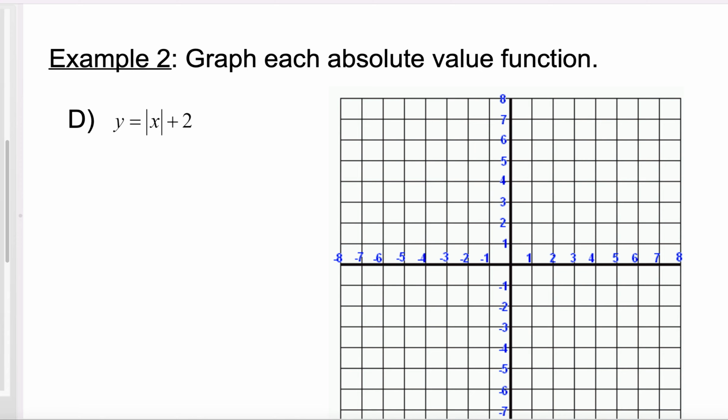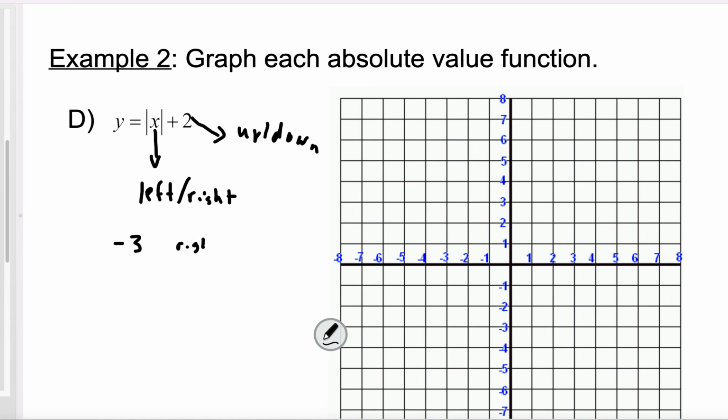So now our next one here, inside here, we always move this left, right. On the outside here, we move this up or down. So on the inside here, it was a -3 there, and we moved it to the right. It was a +3, we moved it to the left.